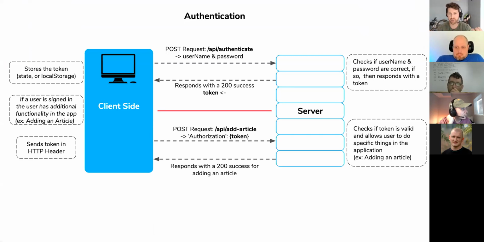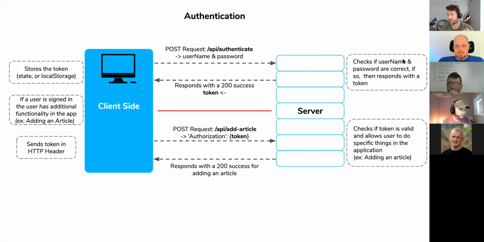a user logs in to Facebook, to pretty much any login application, a post request goes to some API endpoint such as api/authenticate, and in the body of that request is the username and password, and it shoots that off to the server over here.